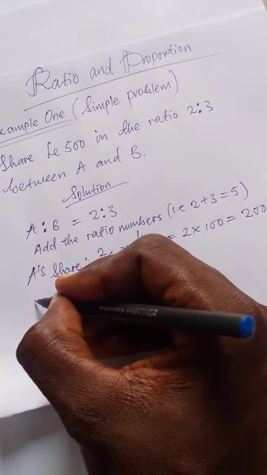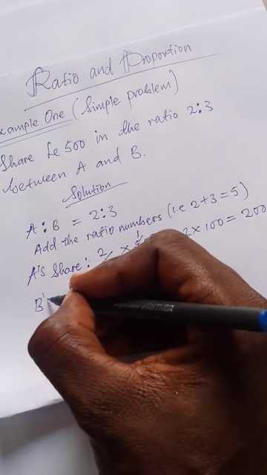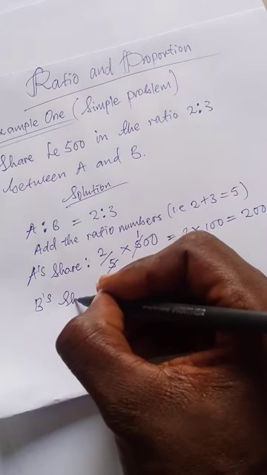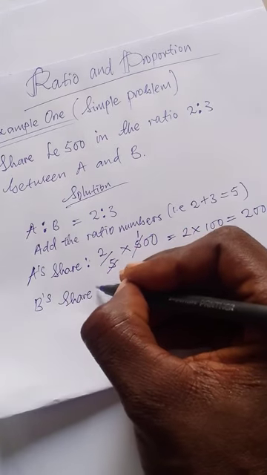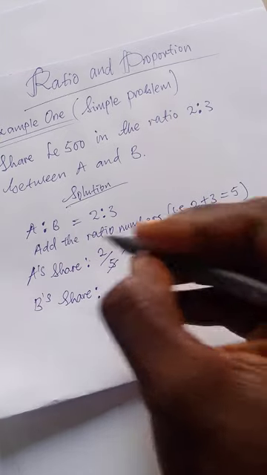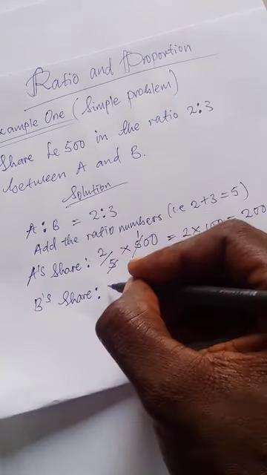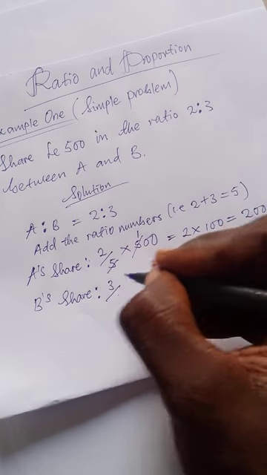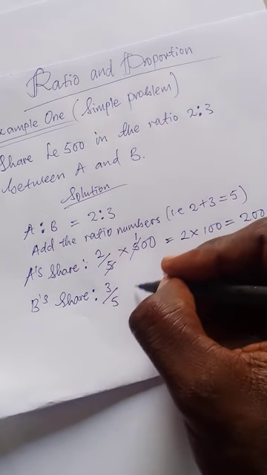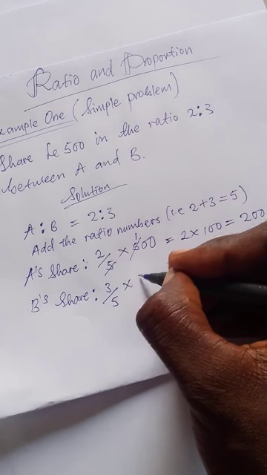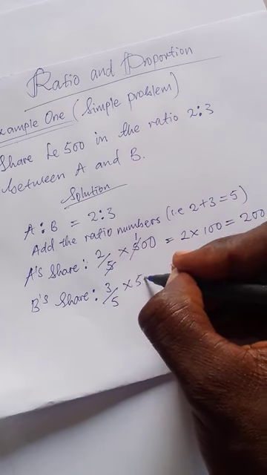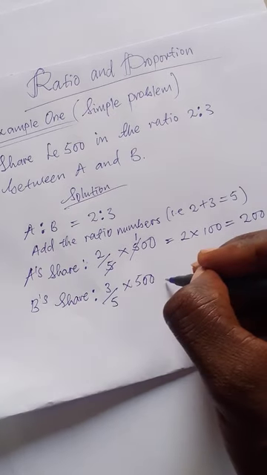And let's work out for B. B's share of the same sum. Remember, B has 3. So we are taking 3 and divide by 5, and we multiply by 500.